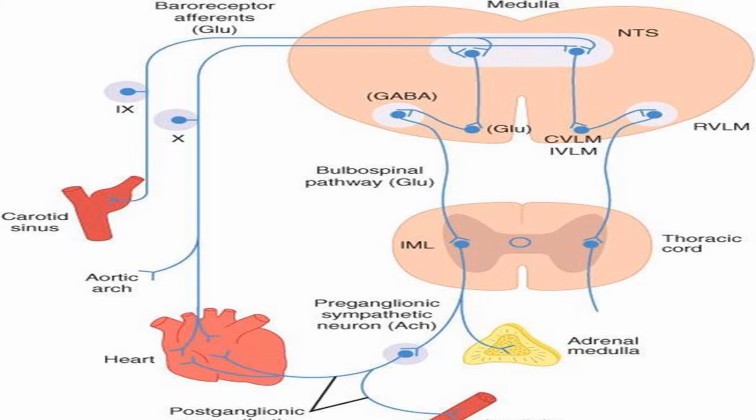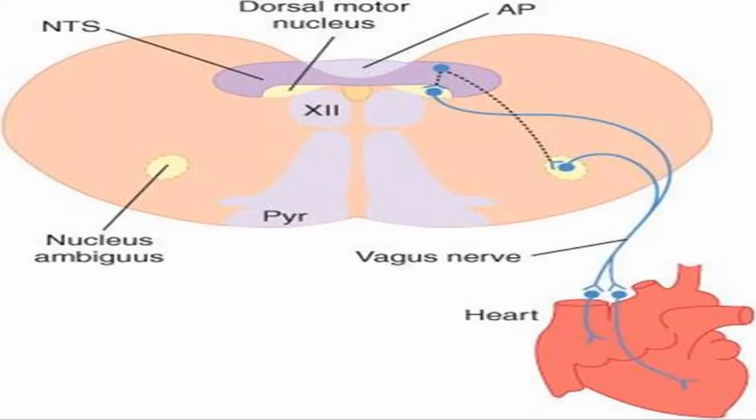Excitatory projections, as we have already told, also extend from the NTS to the vagal motor neurons in the nucleus ambiguus and dorsal motor nucleus. In this way, increased baroreceptor discharge inhibits the tonic discharge of sympathetic nerves and excites the vagal innervation of the heart.